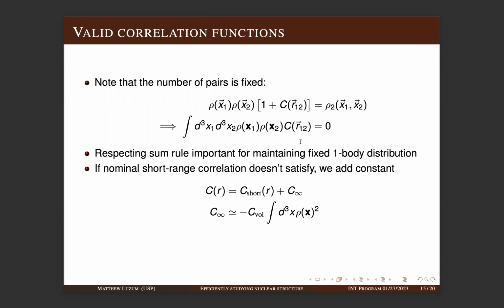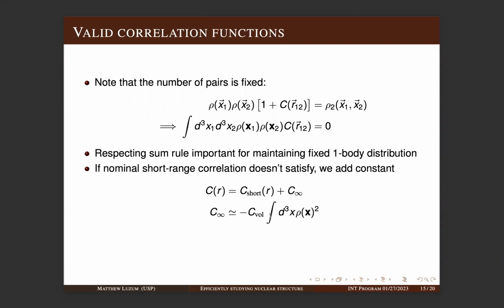So at least the way that we take care of this is we just take whatever short range correlation we wanted, and we just add a tiny little constant to it. If it doesn't satisfy this, then we add a little constant that takes care of it. And it's actually kind of nice seeing this in action, because that goes a long way towards keeping the one-body distribution fixed.